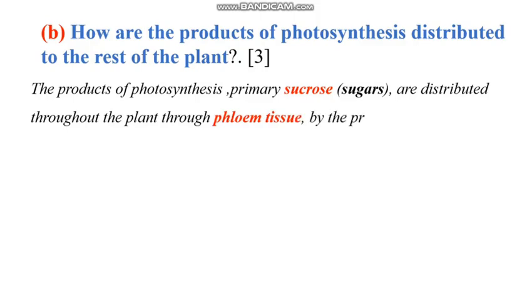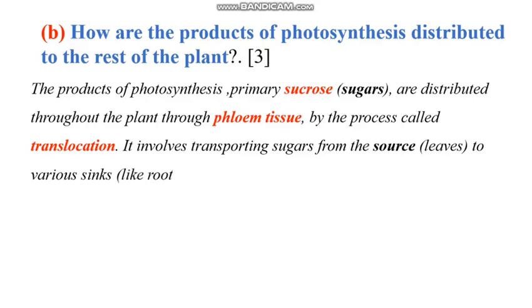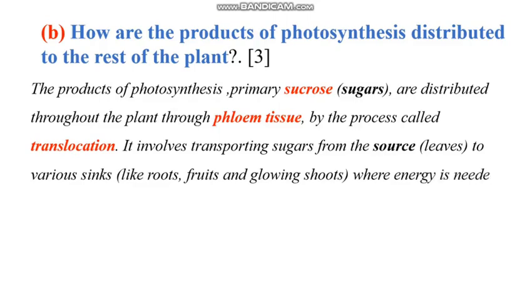It involves transporting sugars from the source, which are the leaves, then it will be taken to various sinks such as the fruits and growing shoots, where this energy is needed or stored. Then sucrose diffuses into phloem vessels, creating turgor pressure that drives mass flow from high to low pressure areas, effectively moving nutrients to all parts of the plant.